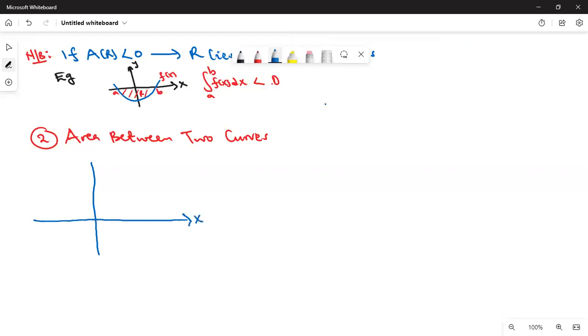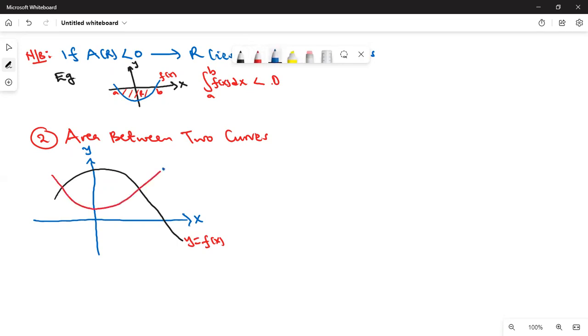This is x, this is y. So let's say our first curve is this one. We have something like this. This is y equals f of x. And another curve is, let me use another color, let's say this.